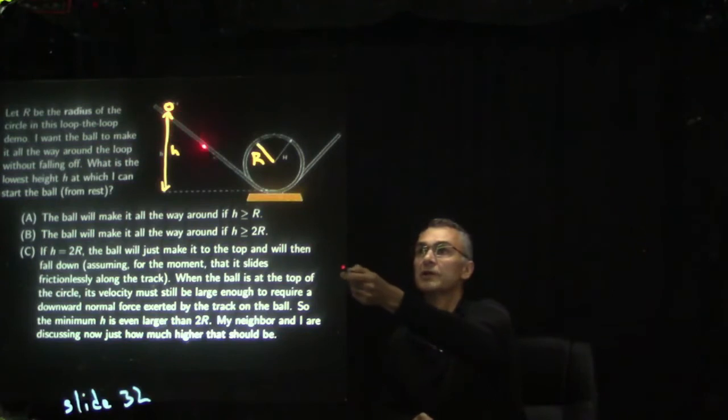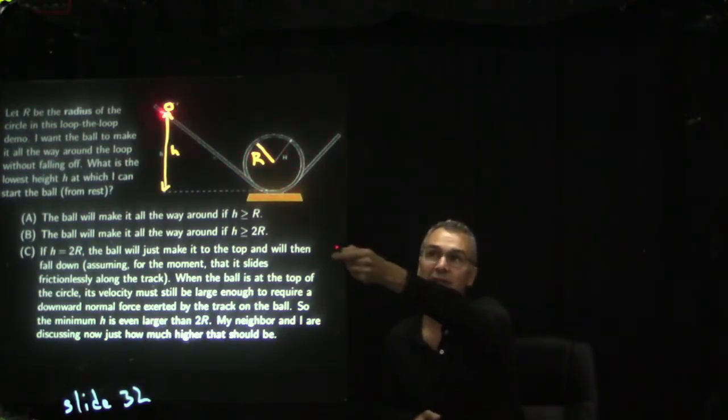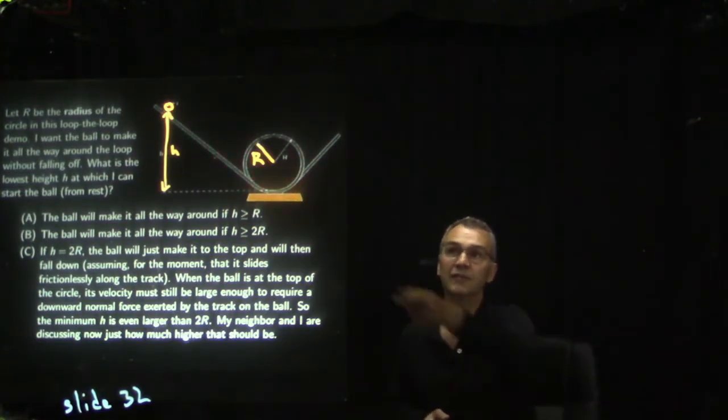So we want the ball to start from here, some height h above the bottom, and it's going to make it all the way around without falling off. And it seems like, if we started it from somewhere down here, it might just get up this far and then slosh back and forth and never make it to the top.